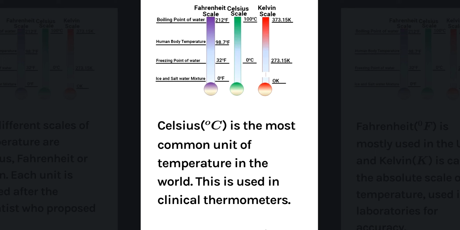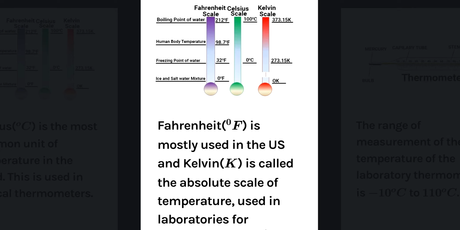So a clinical thermometer has degrees Celsius and Fahrenheit mentioned on it. Fahrenheit is mostly used in the US, and Kelvin is called the absolute scale of temperature, used in laboratories for accuracy. So Kelvin is used in laboratories and degree Celsius is used in the clinical thermometer, whereas Fahrenheit is also mentioned on the clinical thermometer.